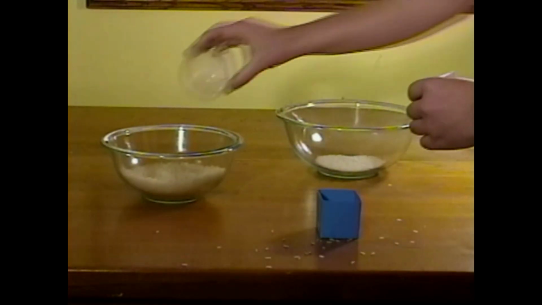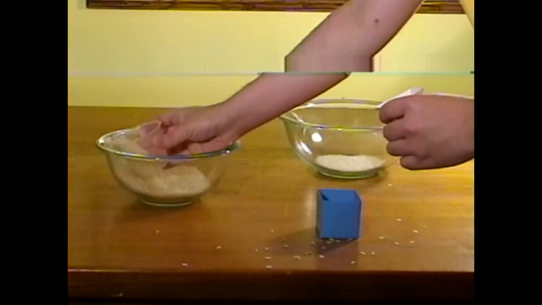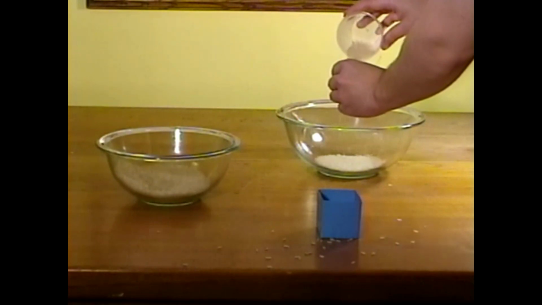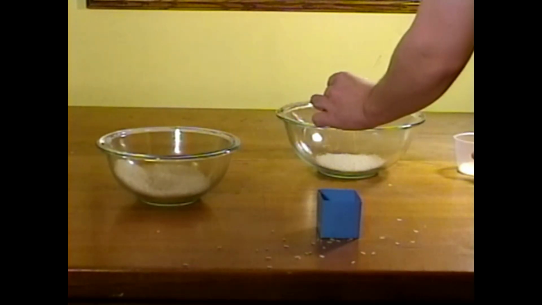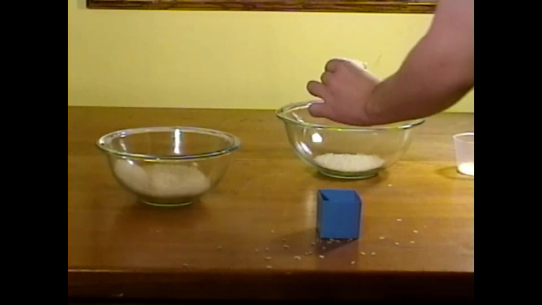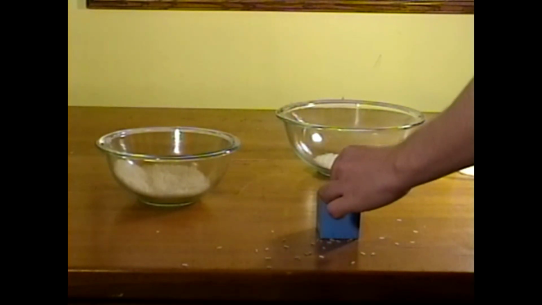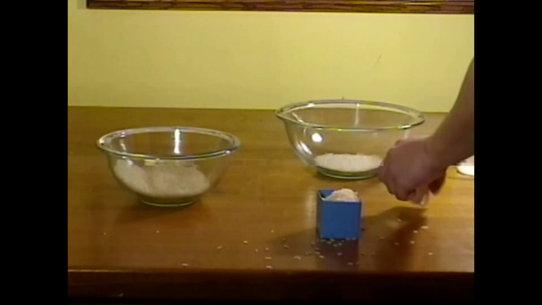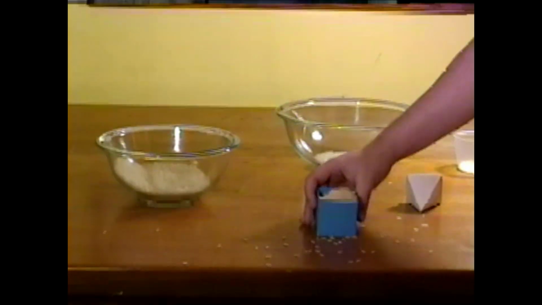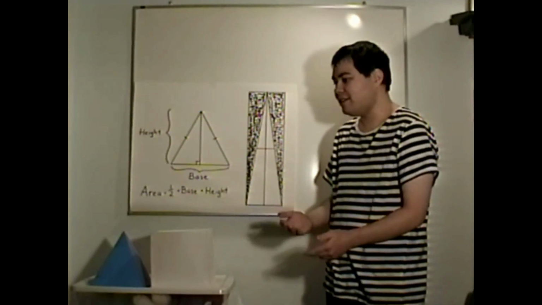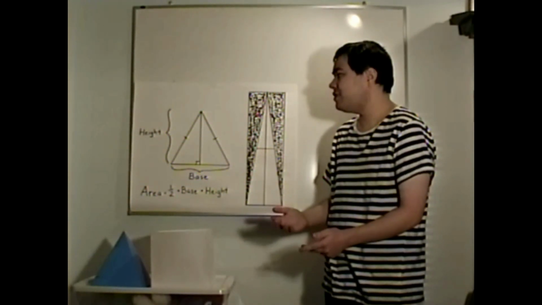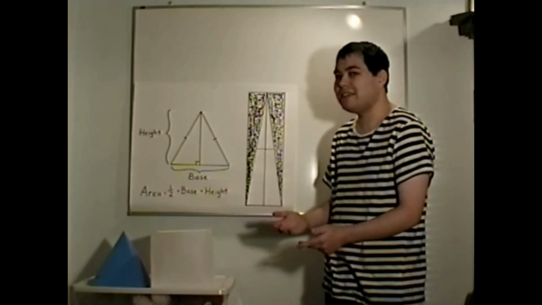That's 2. That's 3. I can understand why the area of the triangle is 1/2 times the base times the height.